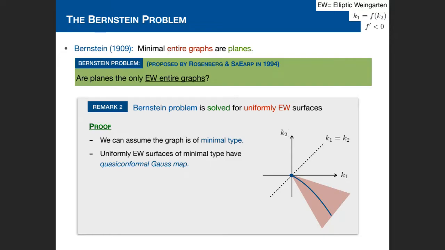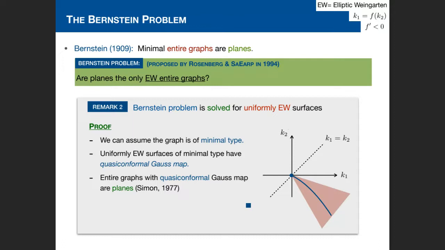It's very well known that minimal surfaces have a conformal Gauss map, okay? So this is a weaker condition. Uniformly elliptic Weingarten surfaces of minimal type, this only works for minimal type, have quasi-conformal Gauss map. And then there is a very deep result by Simon in the late 70s that says that if an entire graph has quasi-conformal Gauss map, then it has to be a plane.